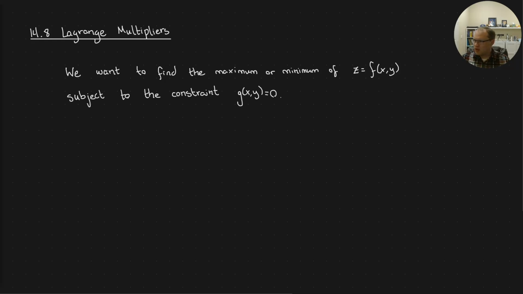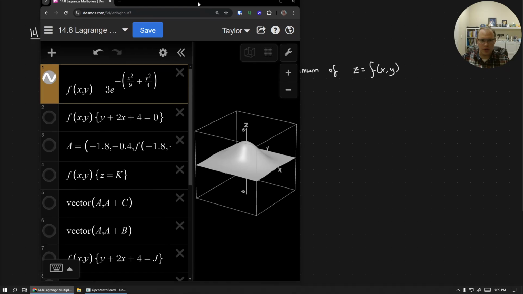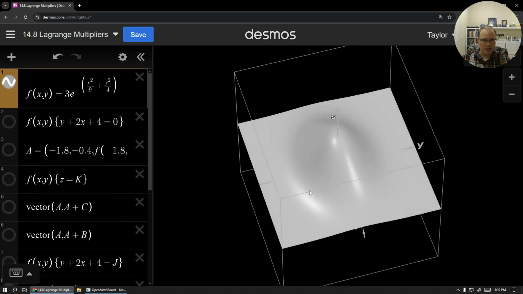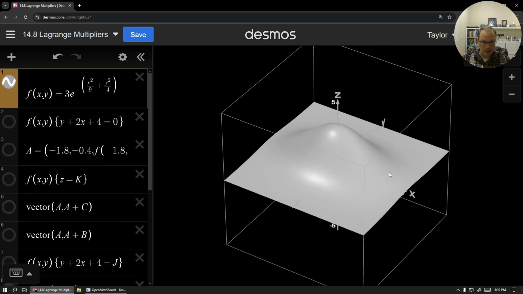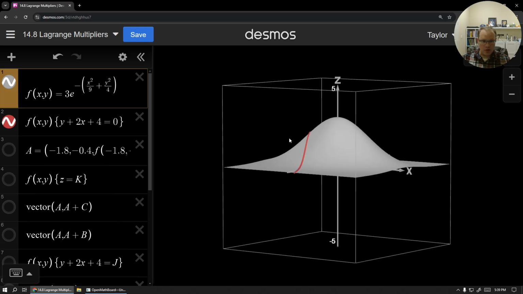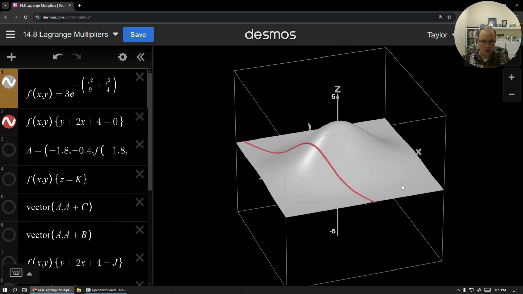So let's think about this graphically. It'll help us figure out a way to approach this sort of problem. Here is our function. This is the function that we want to maximize, right? But we are subject to a constraint. This curve along the surface represents our constraint.